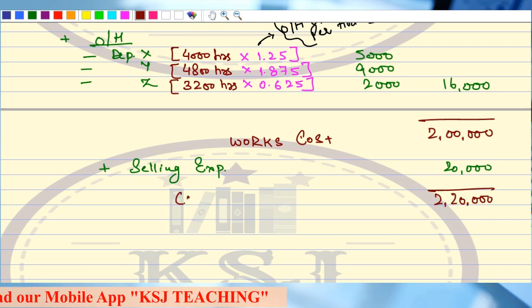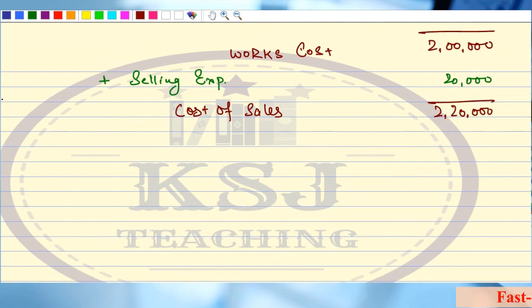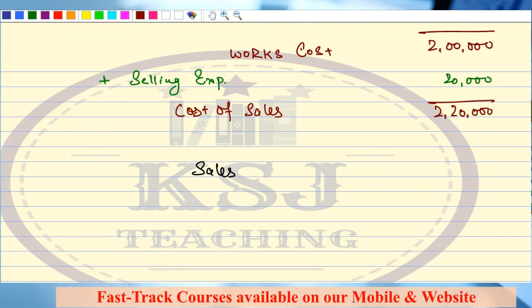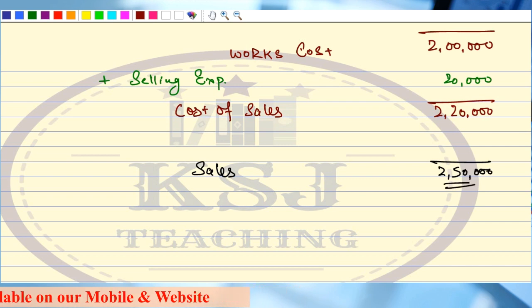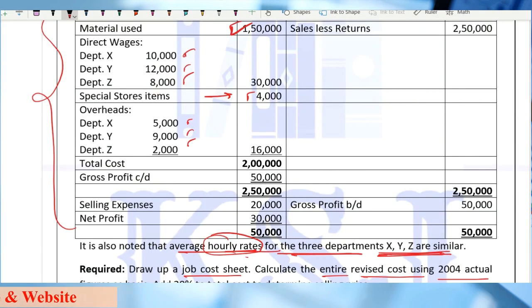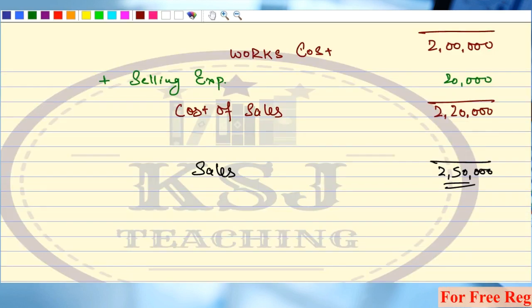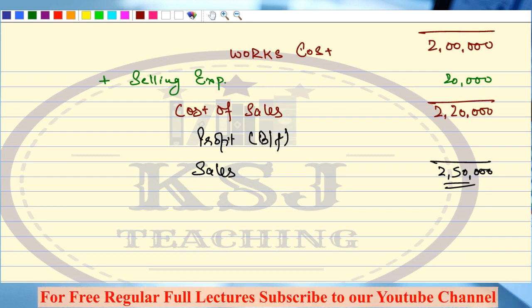This is called as cost of sales, and you are given the value of sales as 2,50,000, right? That is given in the question. So you can easily calculate the profit from here. What is my profit? That is my balancing figure, 30,000.